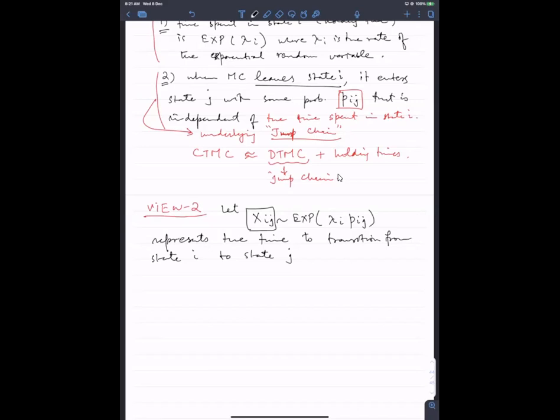Remember, if you are going from state I to state K, then it would be XIK.